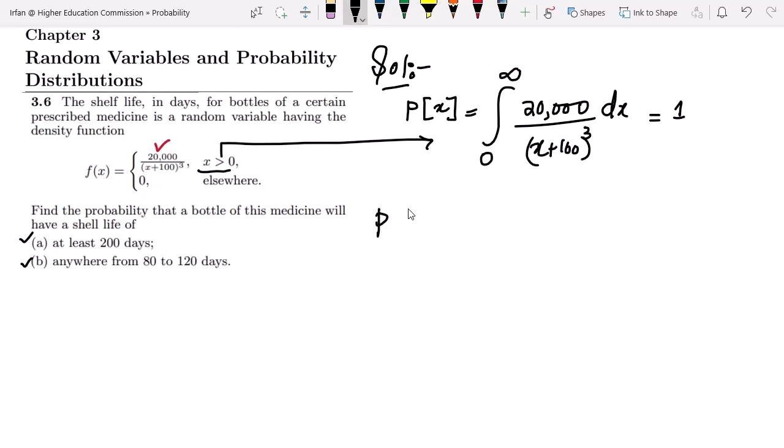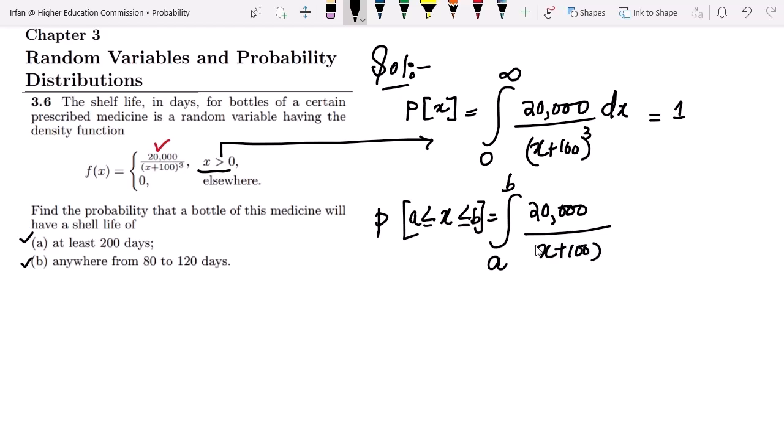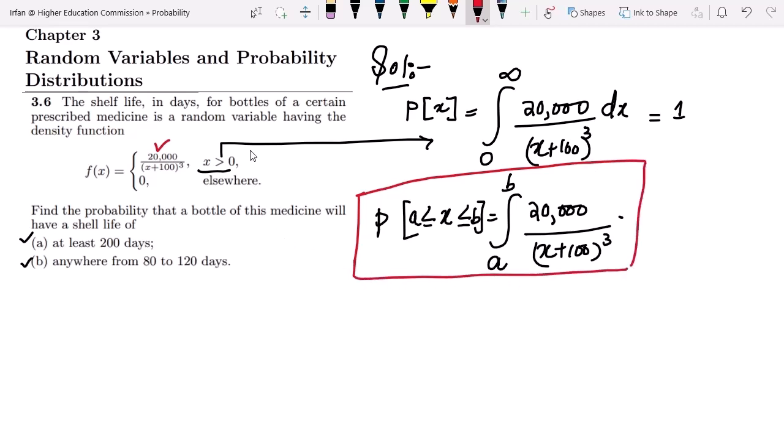If you want to find the probability for the value of x which is greater than or equal to A and less than or equal to B, then in this limit you have to write it from A to B, and this would be 20,000 divided by (x plus 100) whole cube. This should be the formula which I am going to use here.